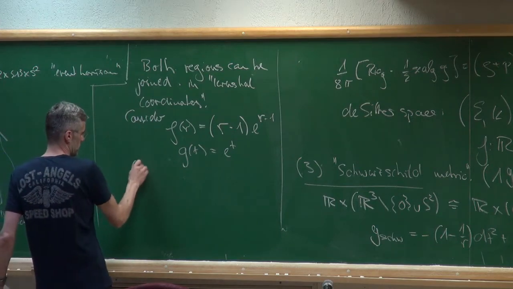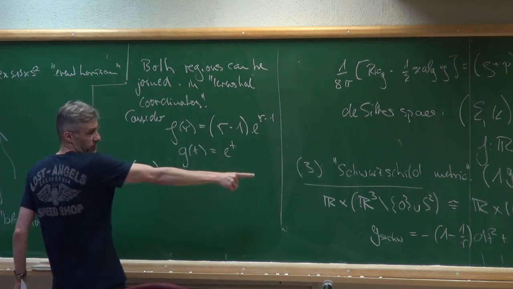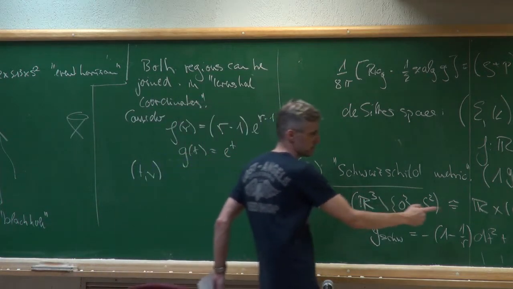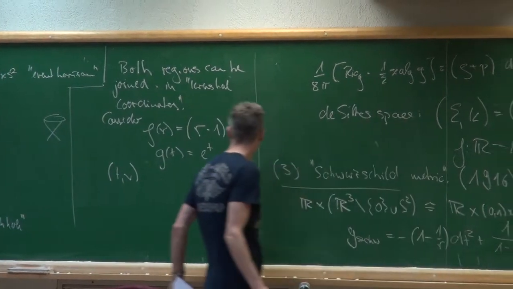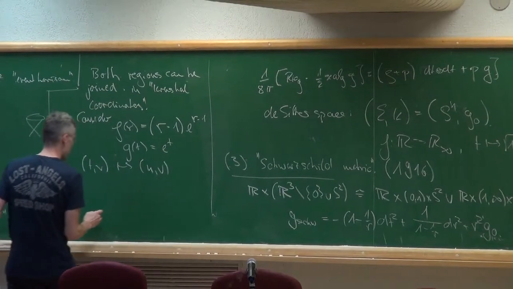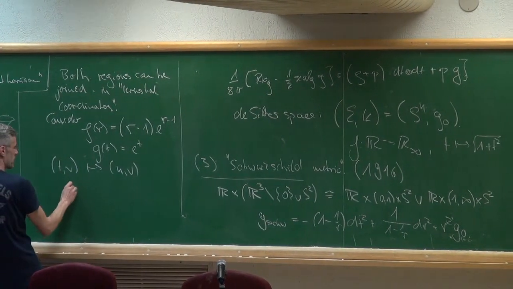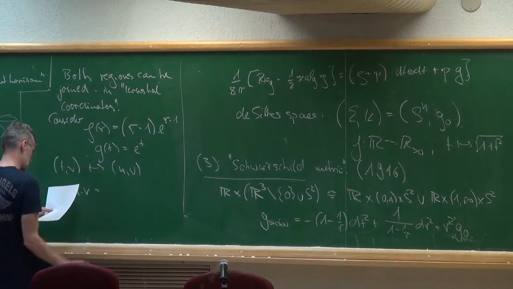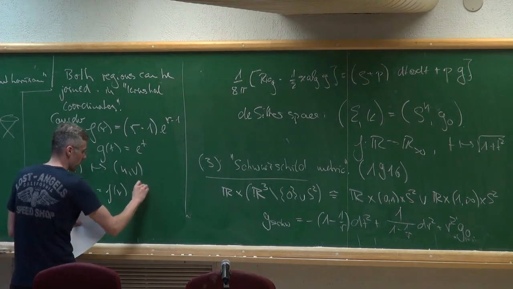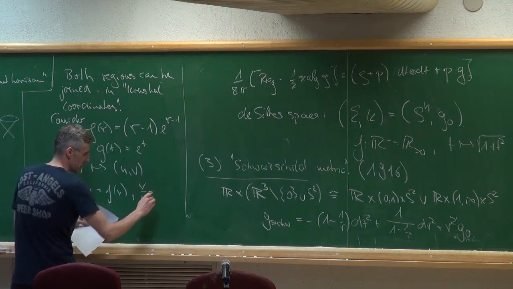And then you map this pair t, r, these coordinates, to a pair u, v, where these are implicitly defined. U times v is supposed to be f of r, and the quotient v over u is g of t.